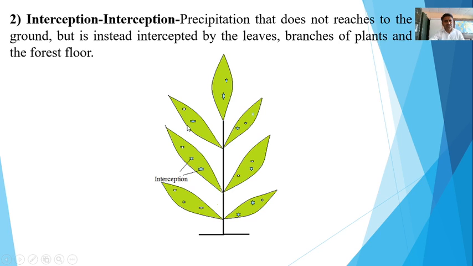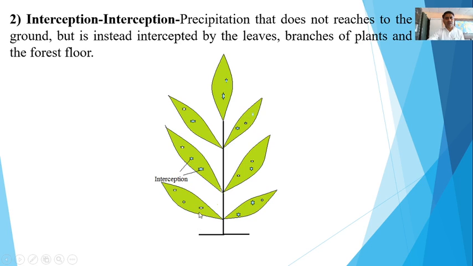Interception is also an important process. Interception is precipitation that does not reach the ground, but is instead intercepted by the leaves and branches of plants and the forest floor. Whenever there is rainfall, water droplets fall on the leaves of plants, grass, trees and shrubs, and whatever amount of water droplets remains there is nothing but the interception.